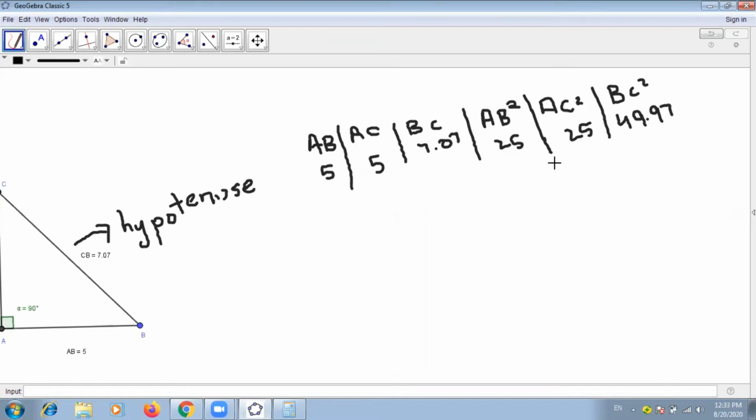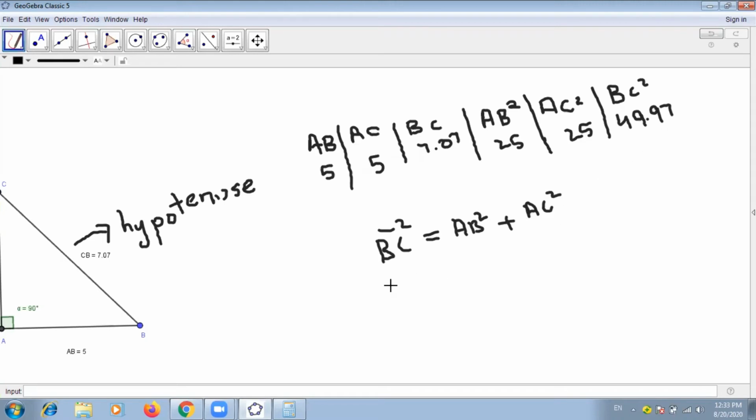Now we try to find out the relationship between these three sides. So we get BC square equals AB square plus AC square. So we will check it.